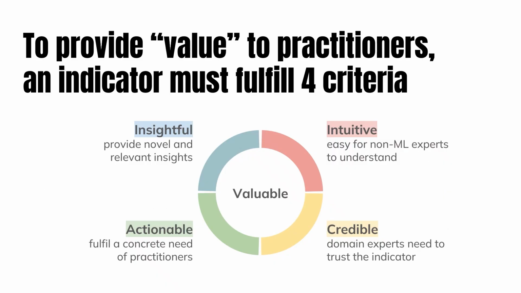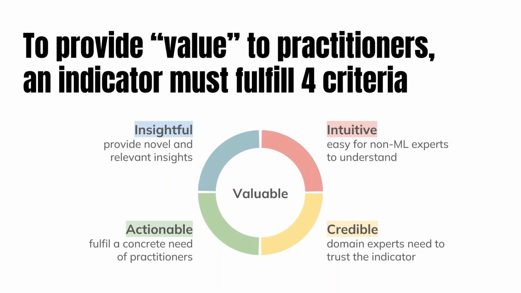Second, it should be based on domain knowledge and concepts from the sport, such that it is easy and intuitive for non-machine learning experts to understand. Third, it should be credible, which often boils down to being able to contextualize when the indicator is valuable and making sure it doesn't fluctuate too much. And then fourth, it should be actionable and fulfill a concrete need of practitioners.